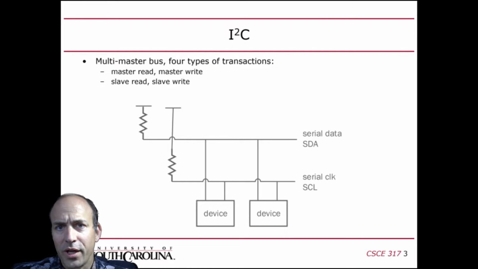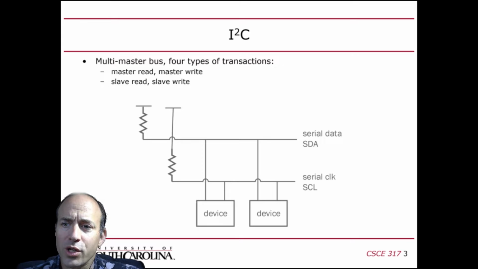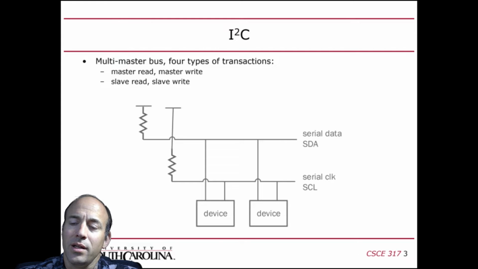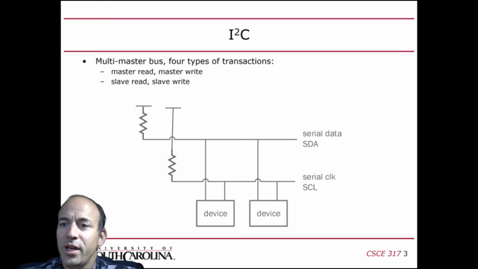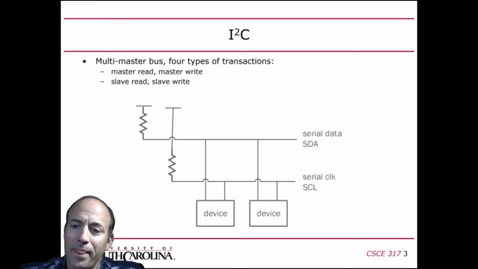So hopefully you were able to watch the last lecture where I talked about I²C. To briefly summarize, it is a 2-wire interface. The wires are SDA, which stands for serial data, and SCL, which stands for serial clock. The wires are both shared by all of the devices that are connected to the bus.